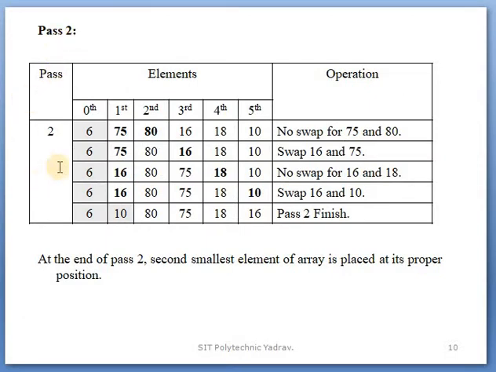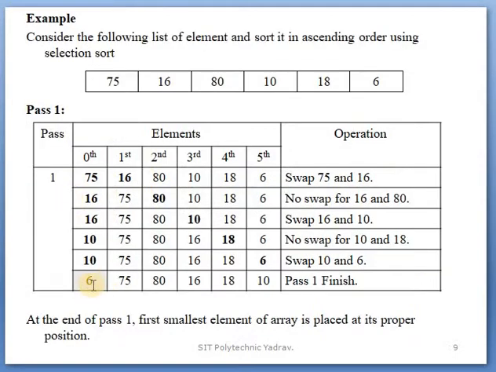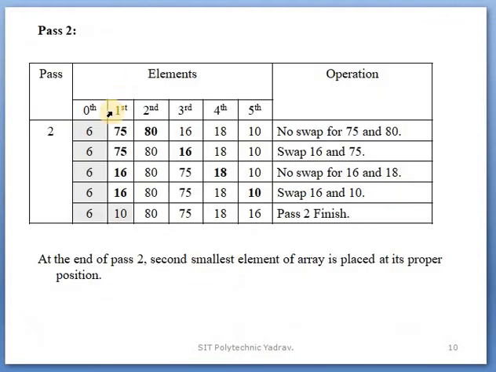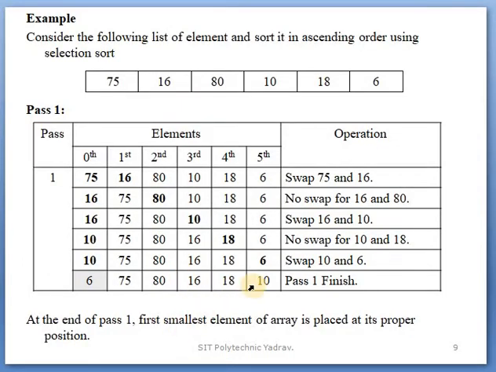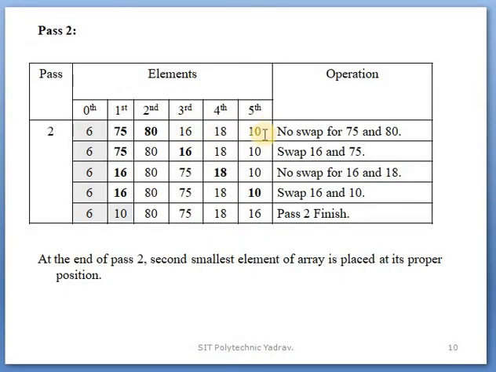Pass 2: after pass 1, the sorted arrangement is taken, which means 6, 75, 80, then 16, 18, 10. Clear?